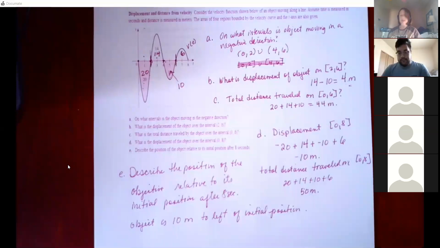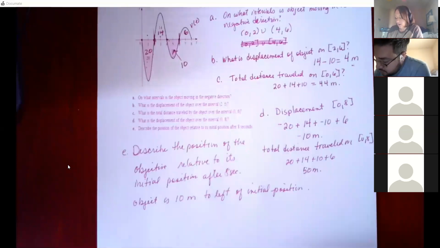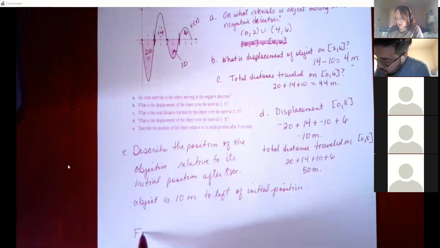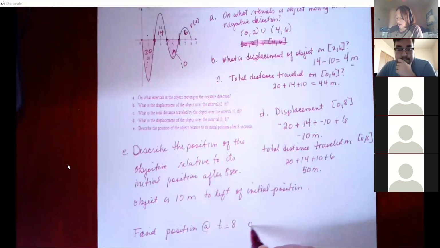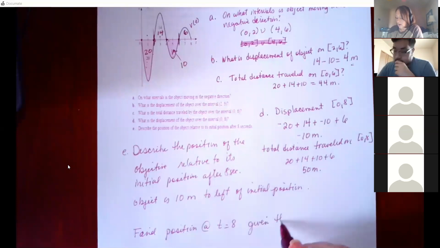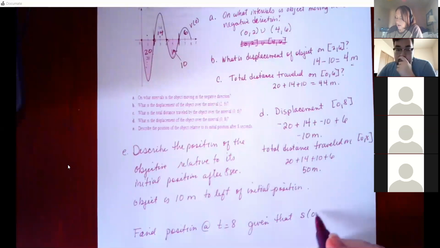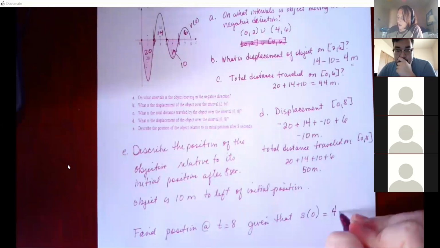Okay. Now, in general, if you want to find your position, let's say I told you S of 0 is 4 meters.